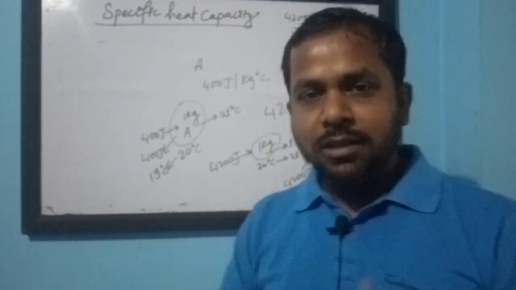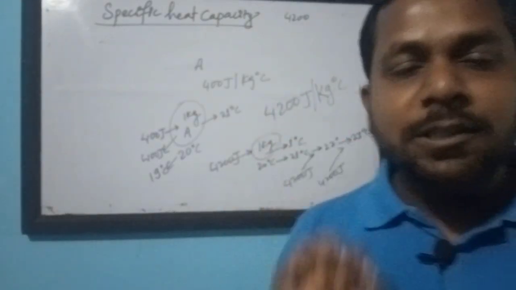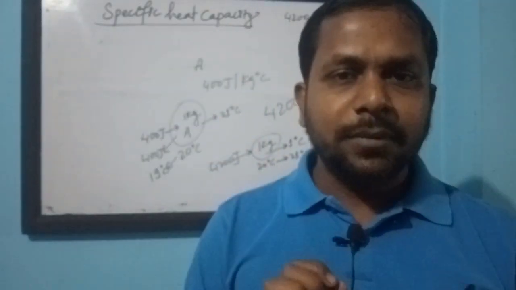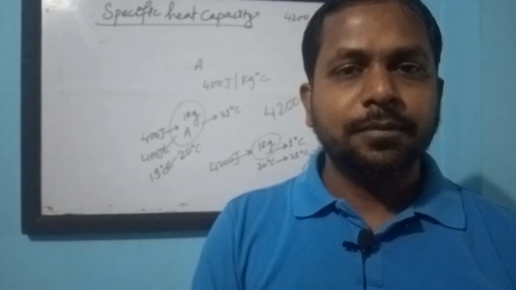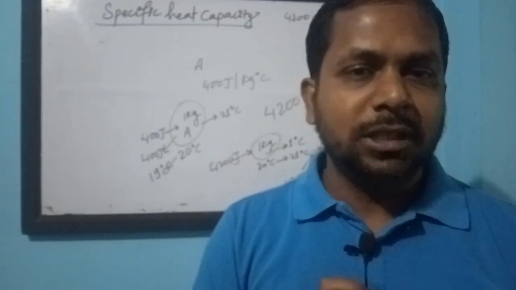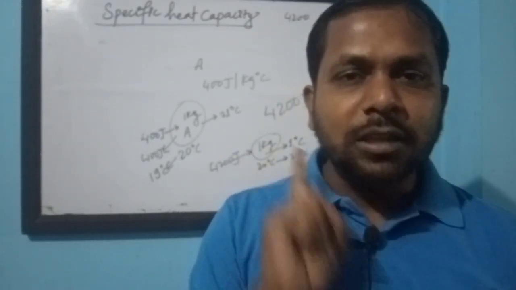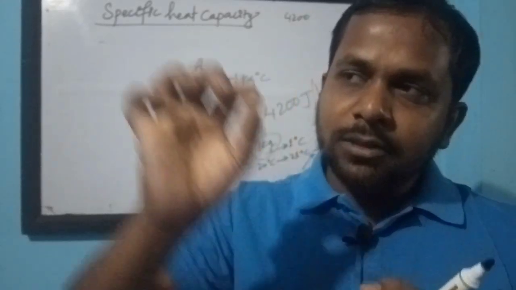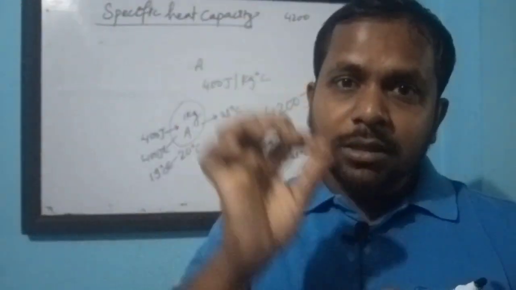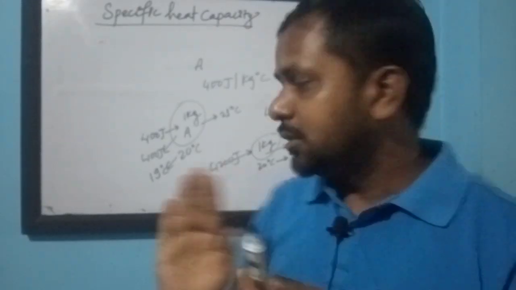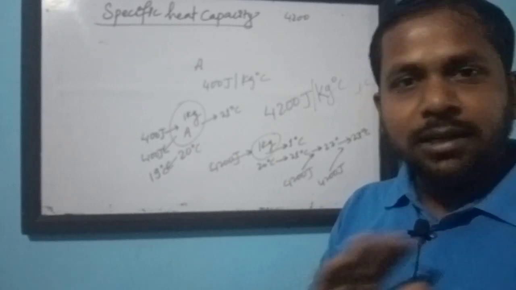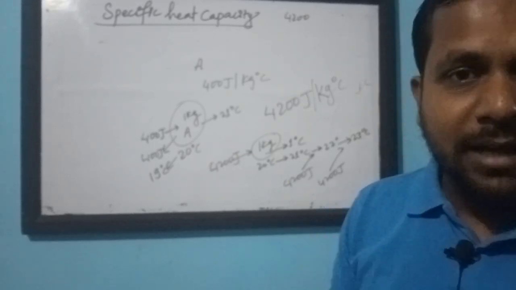Okay. The substances that have high specific heat capacity are heated slowly and cooled slowly. This is the fact about specific heat capacity. Since water has the highest specific heat capacity, it does not get heated very fast.